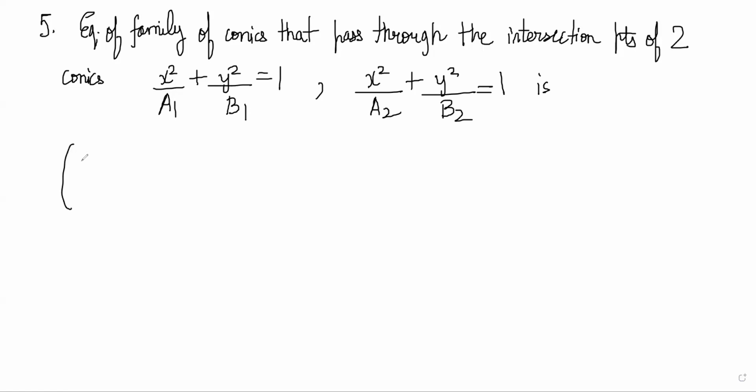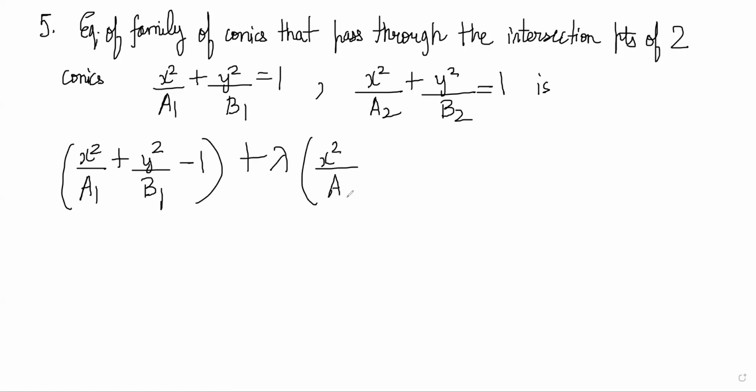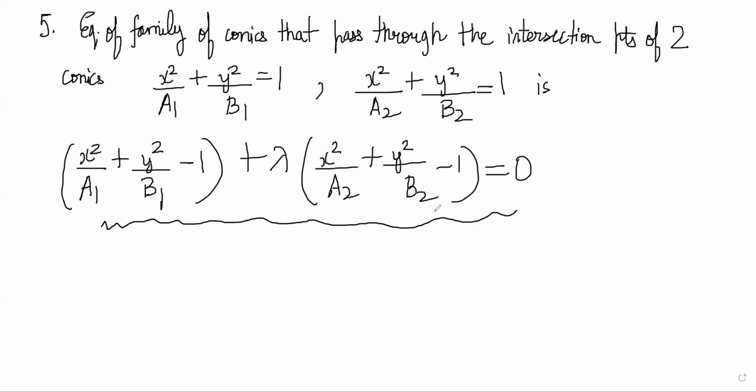You just do the standard thing that we have learned by now. We may write the equation of the first conic plus lambda times x square by a2 plus y square by b2 minus 1 equal to 0. Here lambda is a parameter and this is the equation of the family of conics that passes through these two conics' intersection points, right? Okay, so once we have seen this theory, now we'll learn how to apply all of this to various problems.